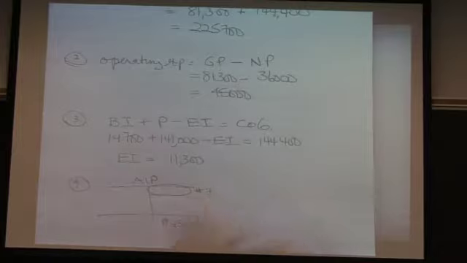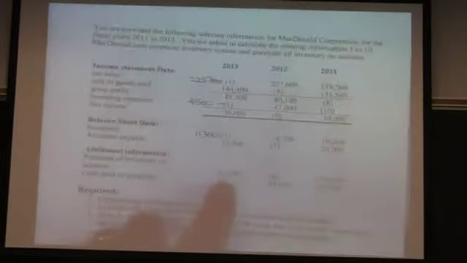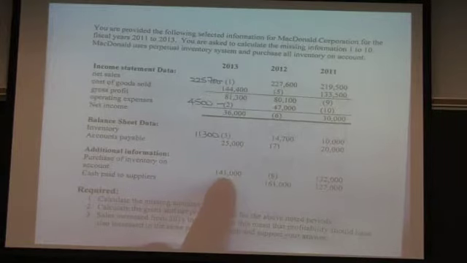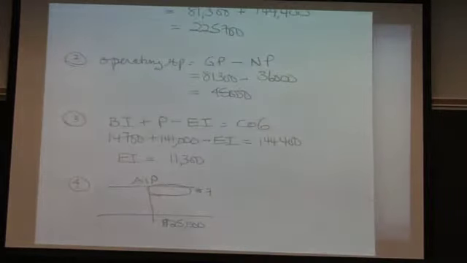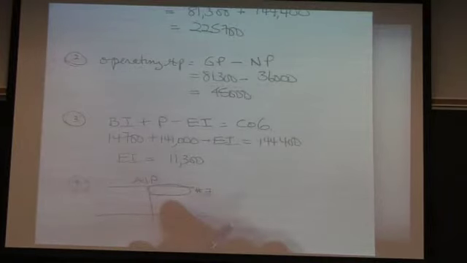Now, we do know the purchases. We made $141,000 of purchases, right? So that would be a debit to inventory, credit to accounts payable. So these are purchases.